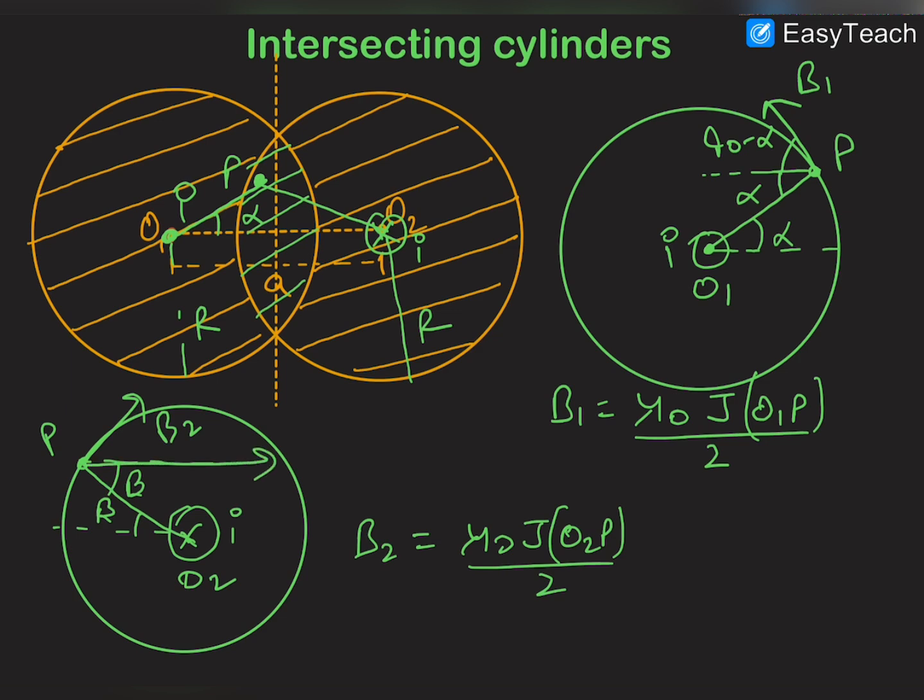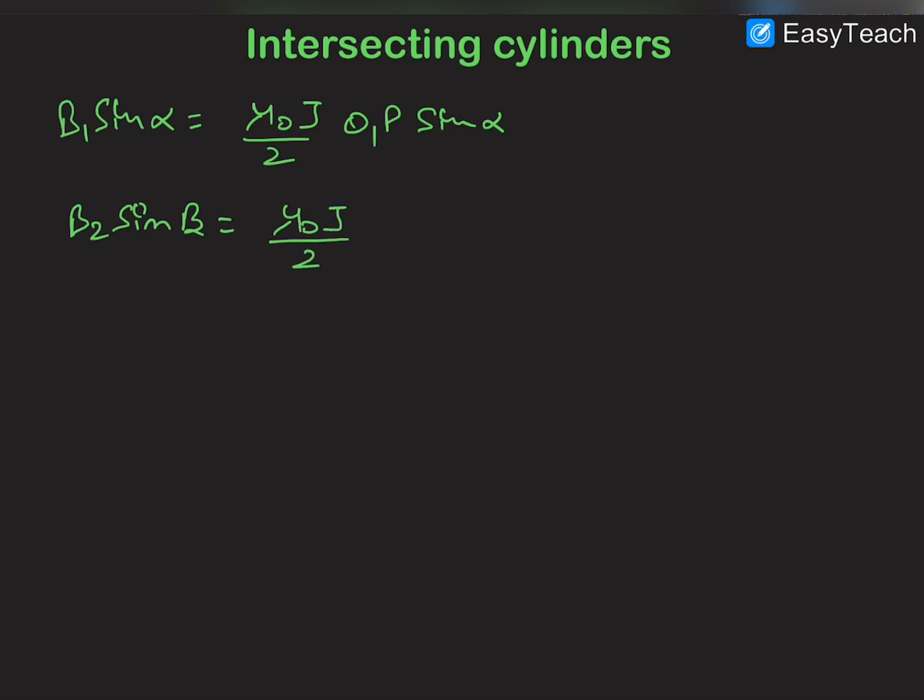Now if we divide these magnetic fields into components, then this component will be B1 sine alpha and this component will be B2 sine beta. B1 sine alpha is mu naught J by 2, and this is O1P sine alpha, and B2 sine beta will be equal to mu naught J by 2, O2P sine beta.